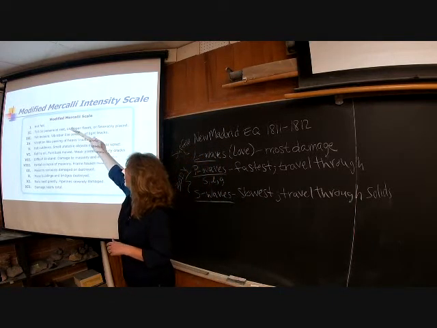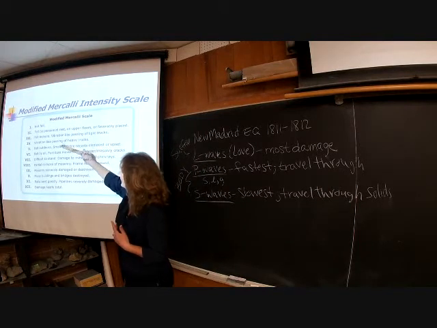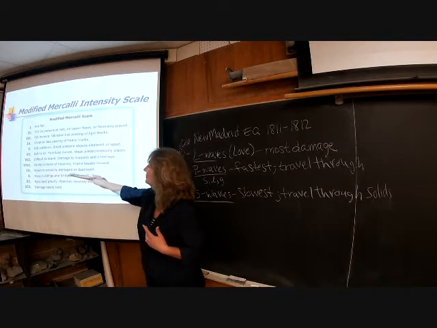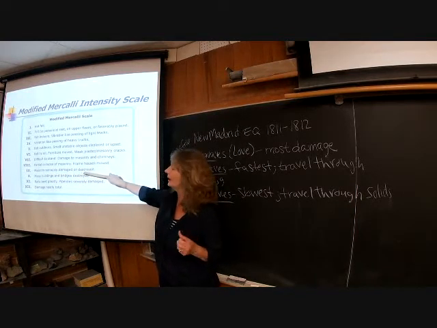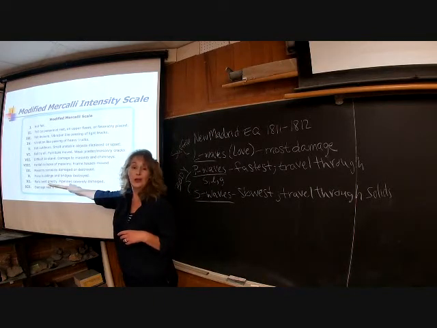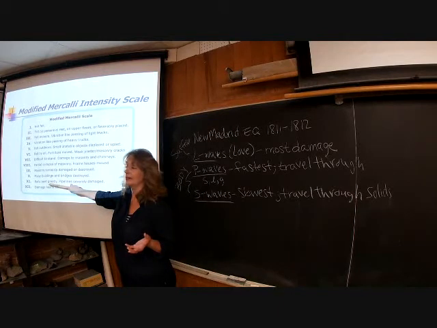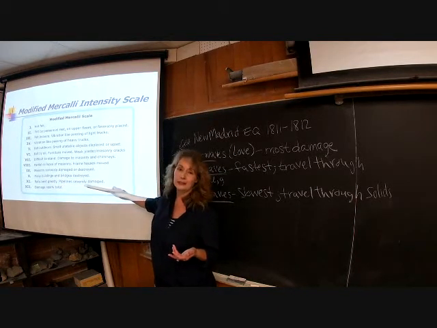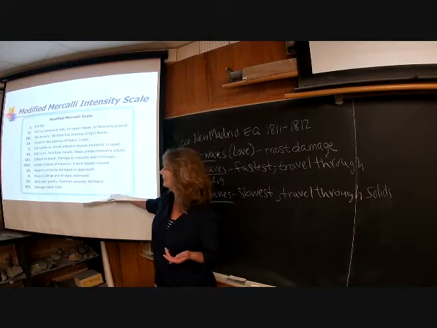So not felt would be like a 1, and then down here, masonry seriously damaged or destroyed, so brick material. Rails bent, so your train rails, railroad rails, bridges and things. Pipelines severely damaged, so we're talking really strong here.